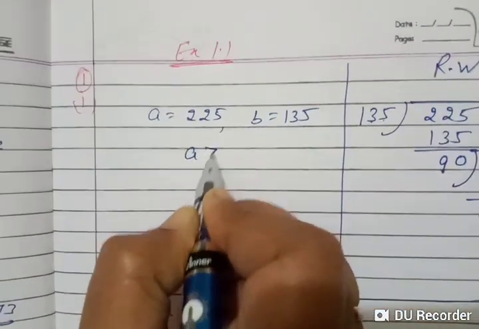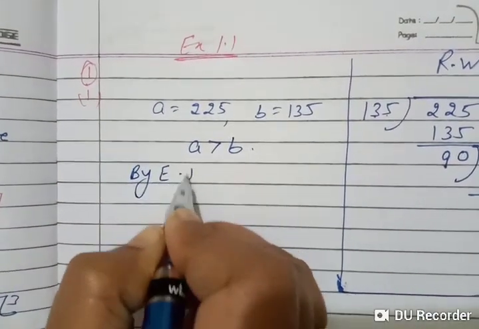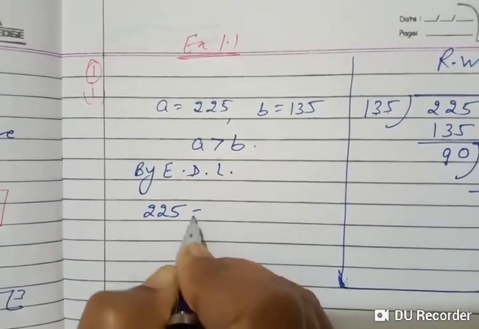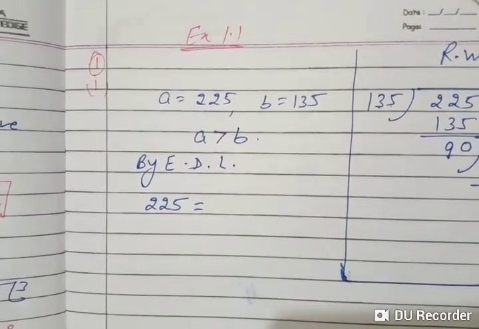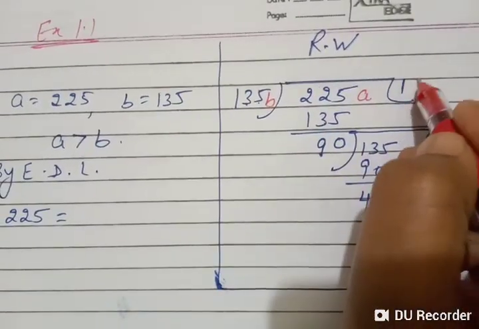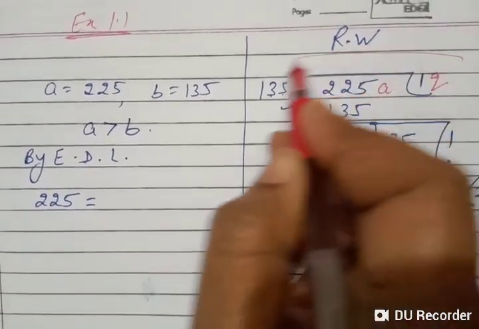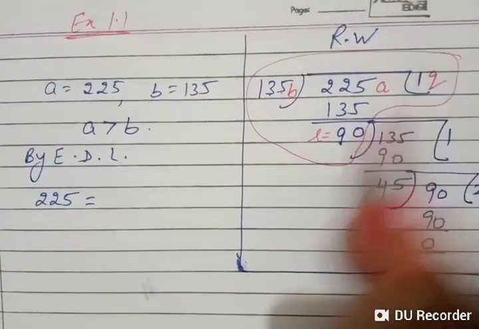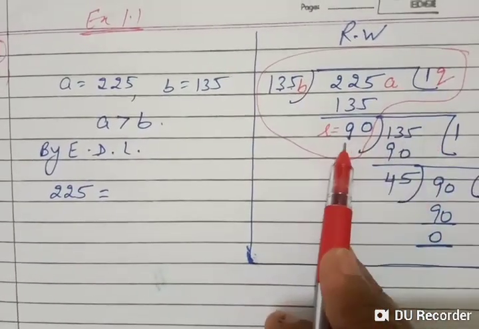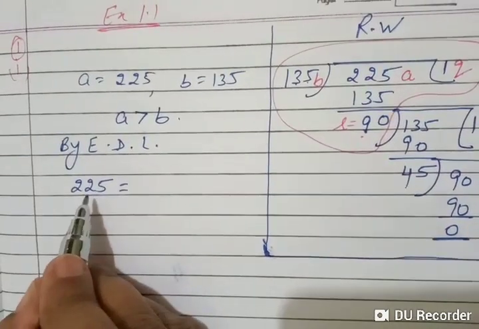Then we will write A is greater than B. So by Euclid's division lemma, this 225 can be written as, now see, this is A, this is B, this is Q and this is R. This is our first step: A is equal to BQ plus R. This is the easy way to write, so just keep this in your mind.